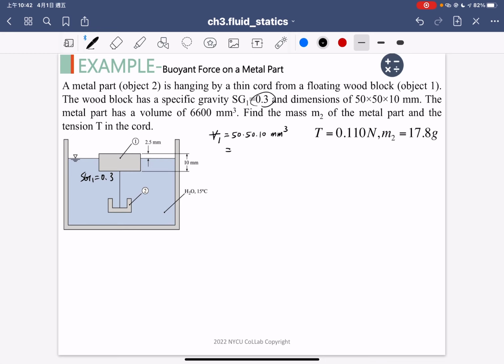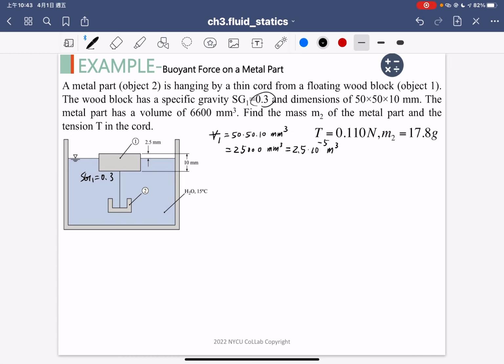You can compute that first, it is around 25000 cubic millimeters. Then we convert cubic millimeters to cubic meters, so it is equal to 2.5 times 10 to the minus 5 cubic meters.